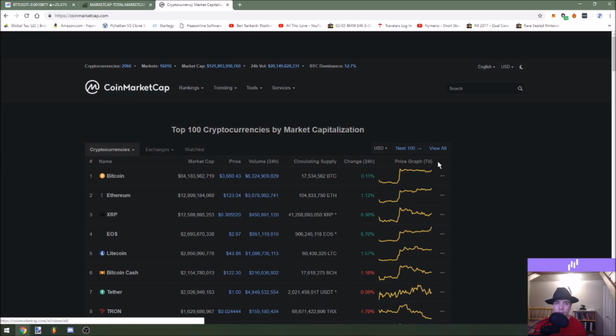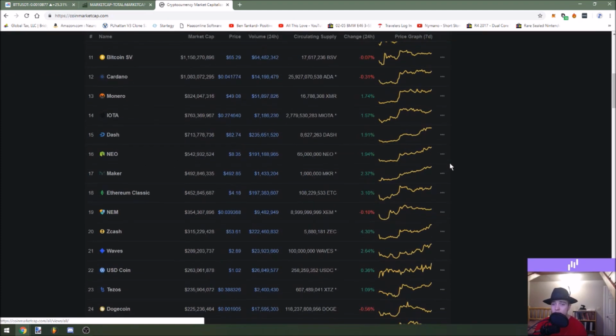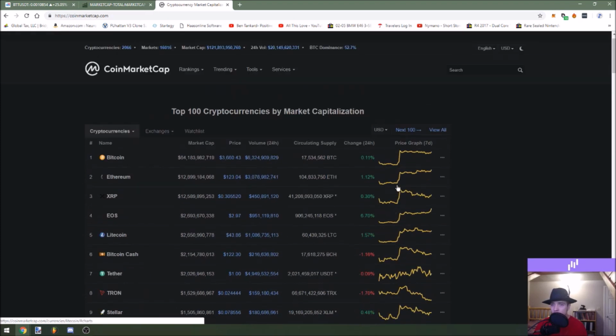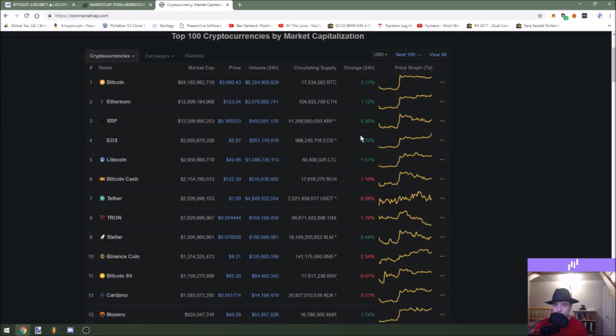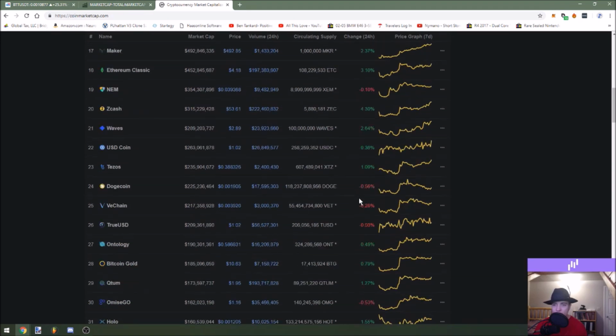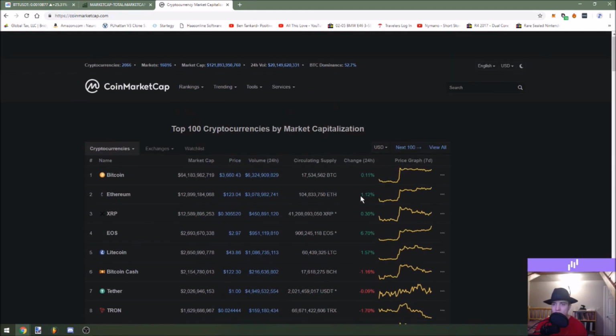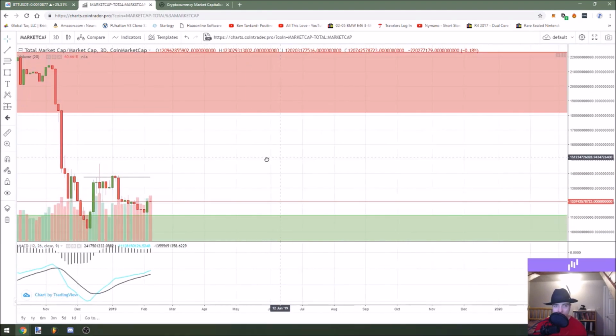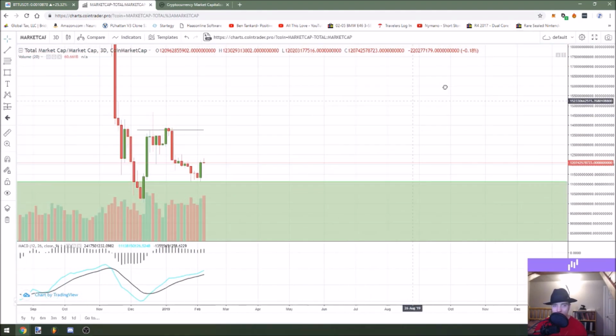Okay, now over to coinmarketcap.com for our top mover. Before we get into the top mover, I just wanted to point out that the overall market is trending sideways currently. We've got some up in the green, some in the red. There isn't a ton of action in either direction today, but we did see a nice little bounce off that support level right here in the total market cap.